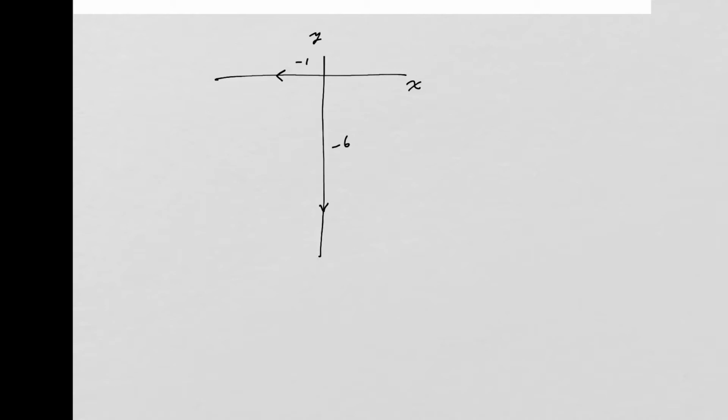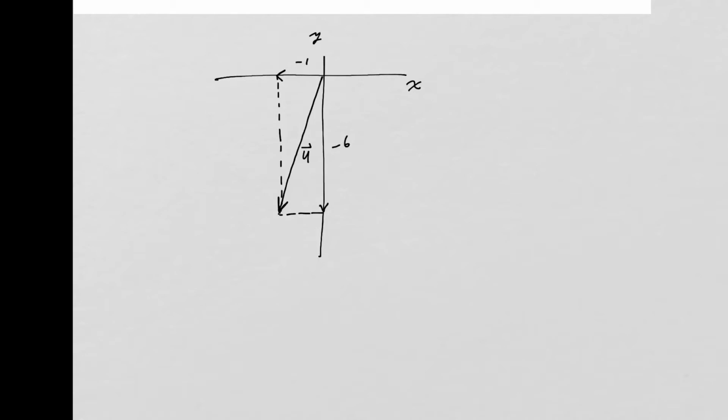So that means the actual vector must have been like this, right? It's in the third quadrant. So it starts at the origin and goes down to that point right there. So that's my vector u.